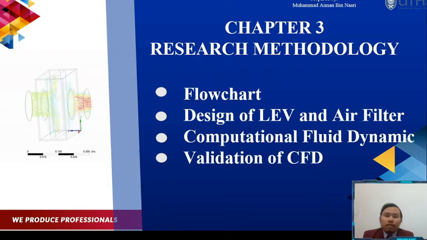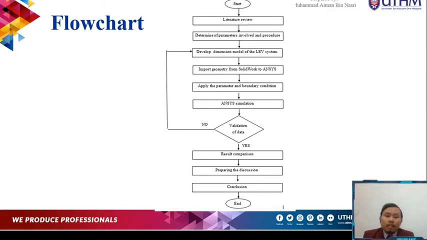Chapter 3 is Research Methodology, Flowchart, Design of LEV and Air Filter, CFD, and Validation of CFD. For the flowchart, we start with the literature review, and then we determine the parameters involved and procedure, and develop the dimension model of the LEV system.